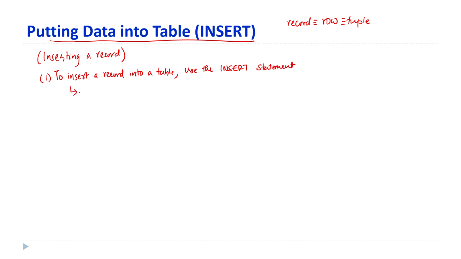And how do you do that? It is basically insert into, then the table name, whatever the table name is, values, within brackets, data 1, data 2, data 3, etc. Some data you can see with inverted commas.